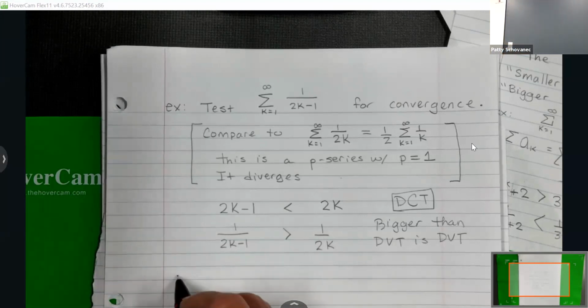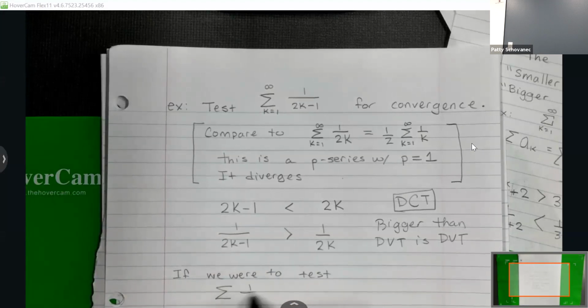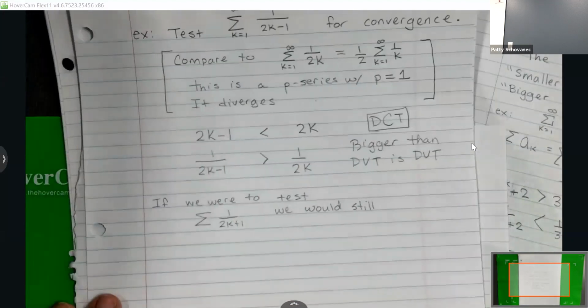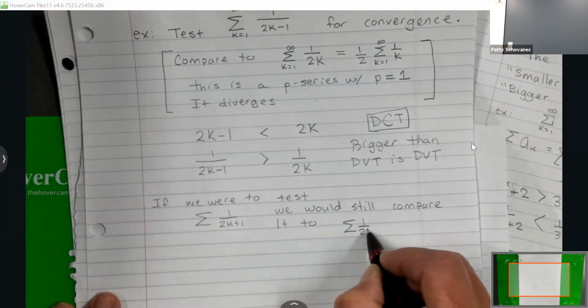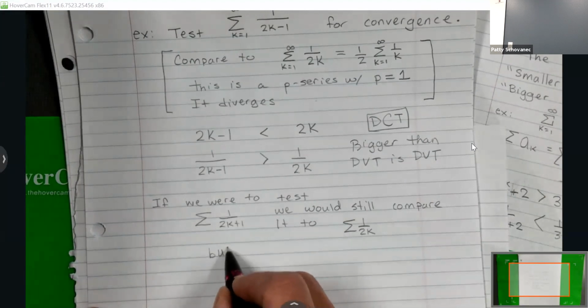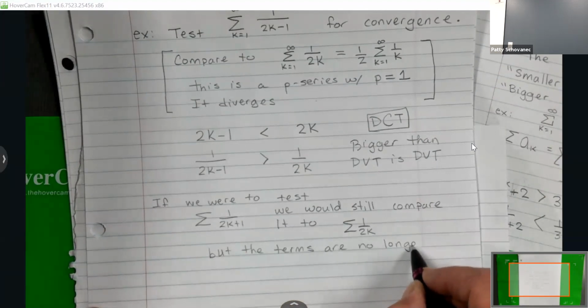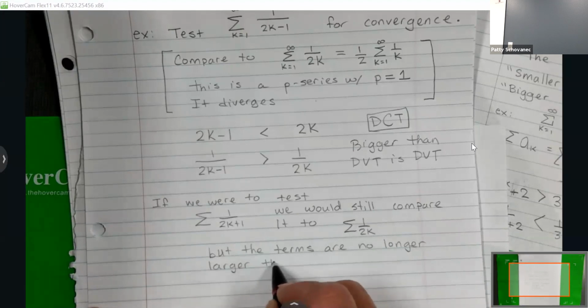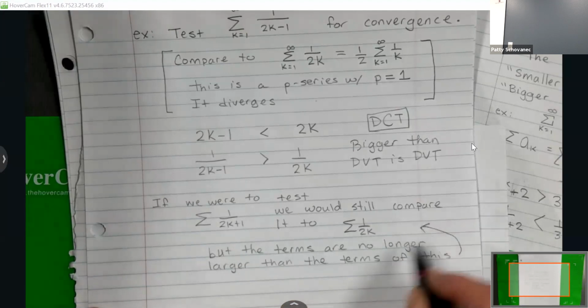Okay, so if we were to test the series 1 over 2k plus 1, we would still compare it to 1 over 2k, but the terms are no longer larger than the terms of this divergent series.